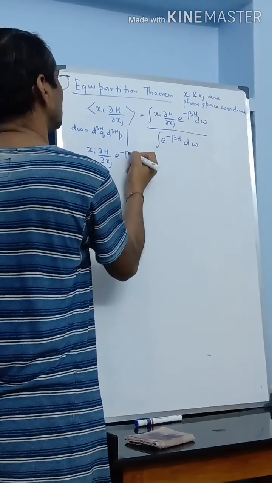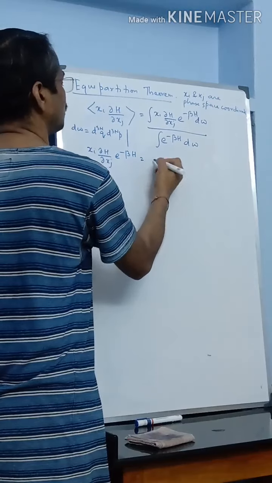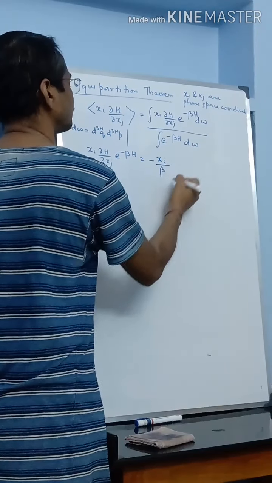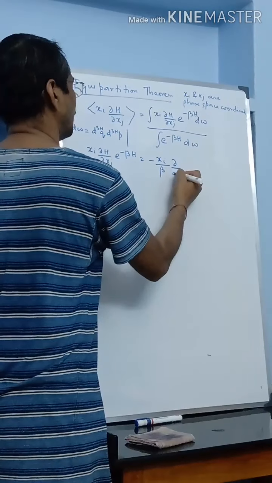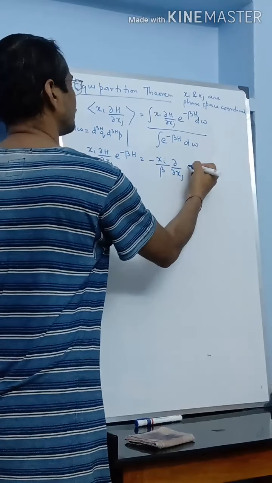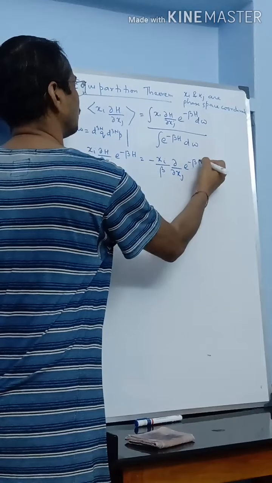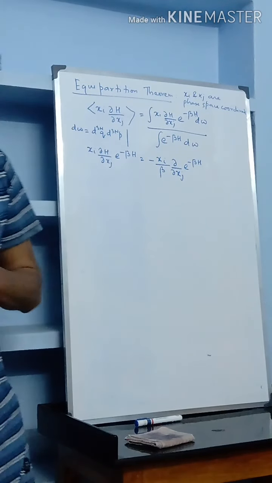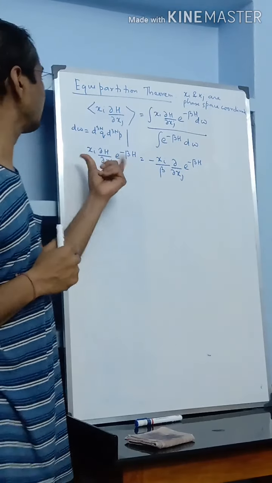Okay. Now, in order to evaluate the numerator, we can always write xi del H by del xj e to the power minus beta H to be equal to minus xi by beta del of e to the power minus beta H by del xj. You can see that this is going to give us the same value as this.